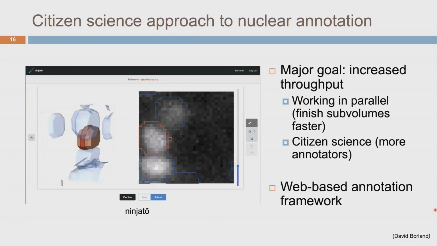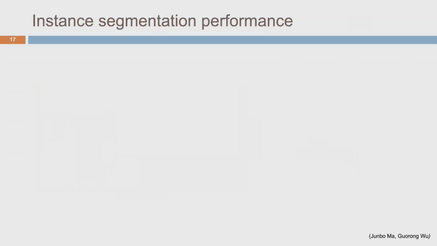To do this, we need to move away from our standalone application, Segmentor, that I previously showed, and from segmenting the entire volumes. Instead, we need to assign tasks in parallel so many people can be editing a given volume simultaneously, but not fighting each other for annotations. So we're implementing this through a web-based framework that we're calling Ninjato. That's now being tested, and we hope we'll be ready for prime time by the end of this year.